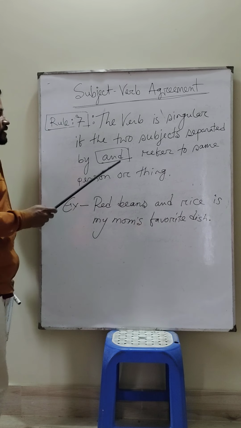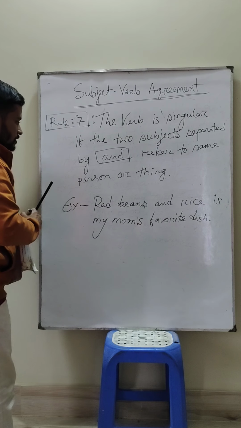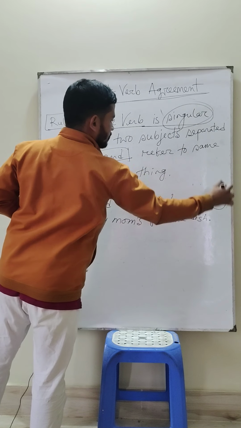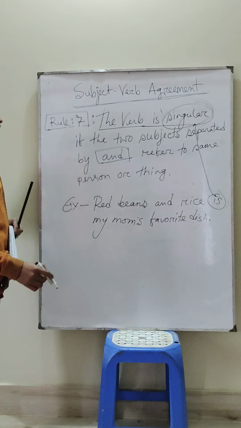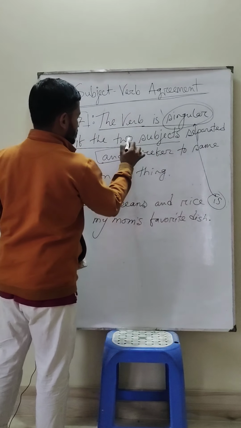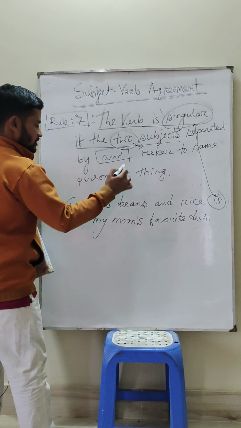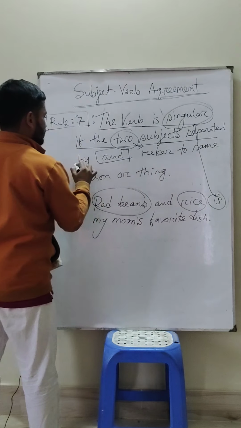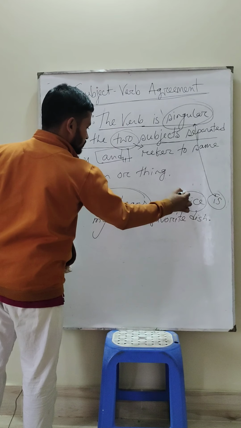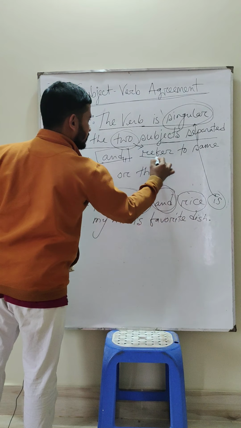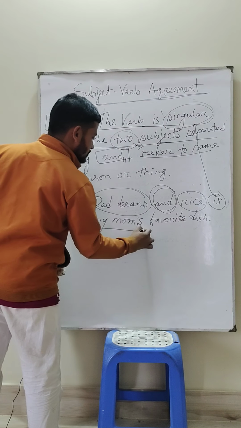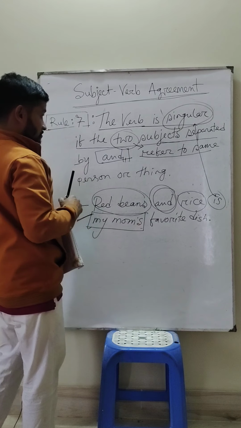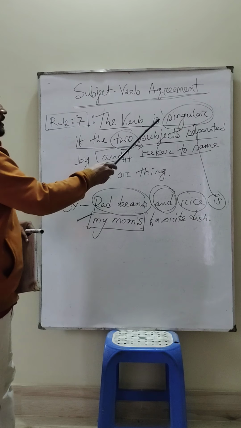See rule number 7. The verb is singular. If the two subjects, please notice here, two subjects, red beans and rice, separated by "and", refer to the same person, my mom, the same person or thing, the verb is singular.